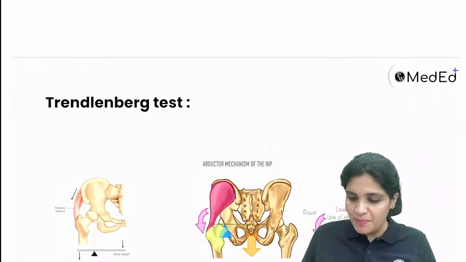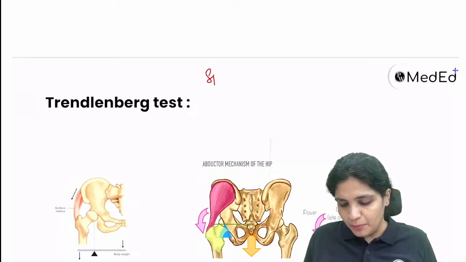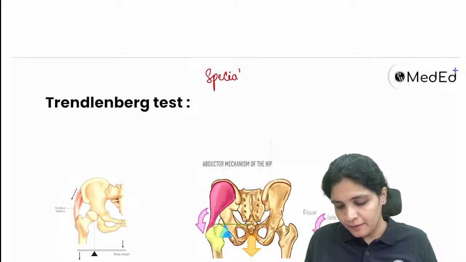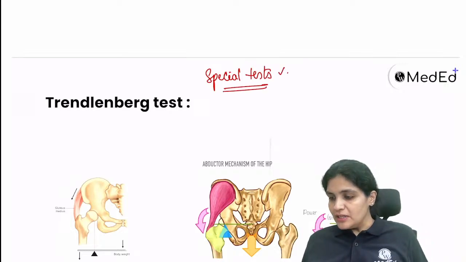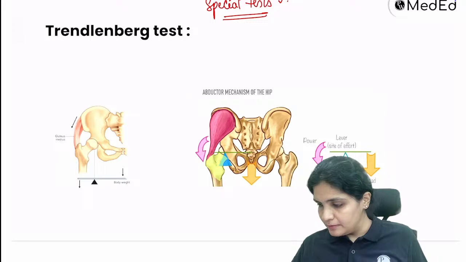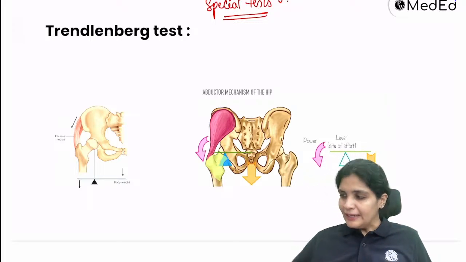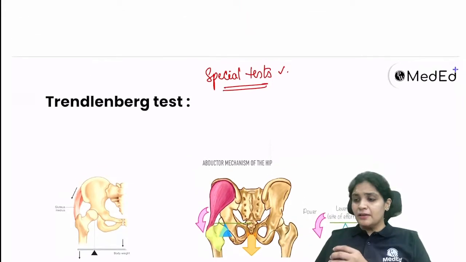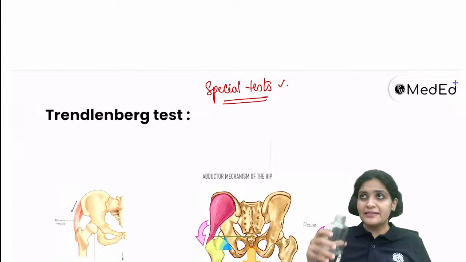And now coming to the special test, which is very, very important. So the special test here, the first one, is your Trendelenburg test. Clear? Any doubts in the measurements? The Bryant's, the Nelaton's, the Shoemaker's, the Chiene's lines?